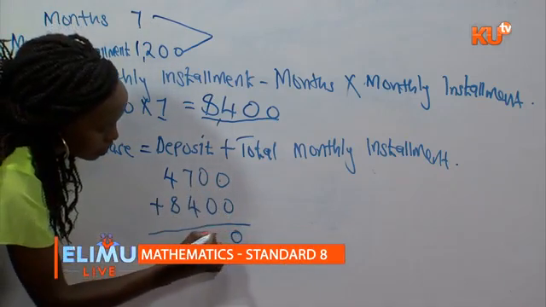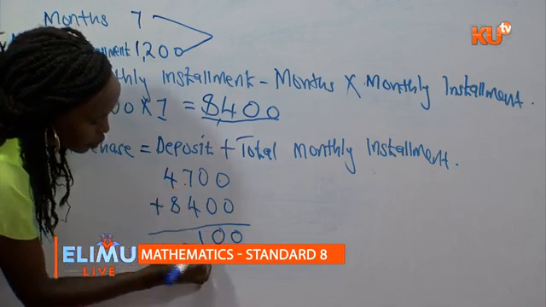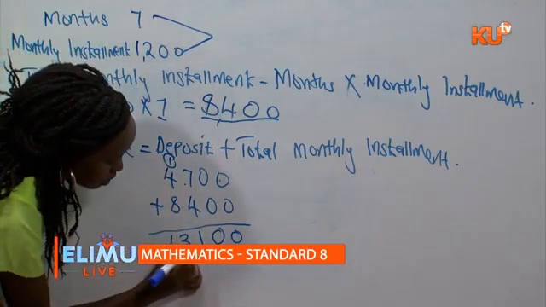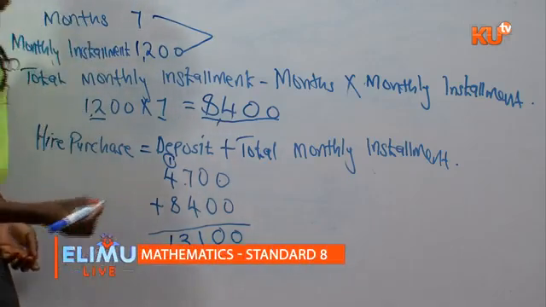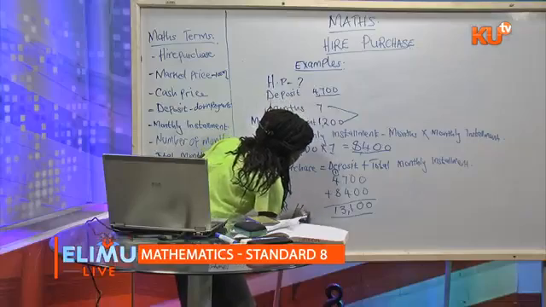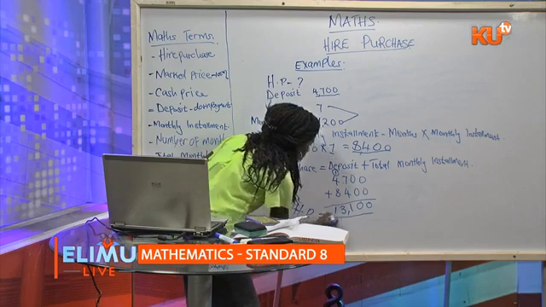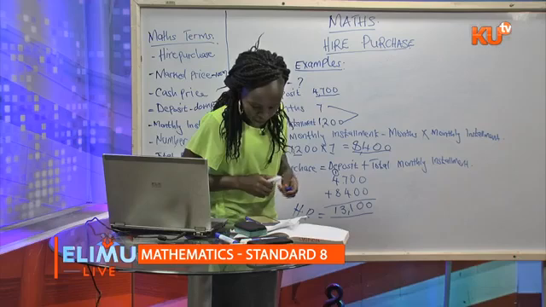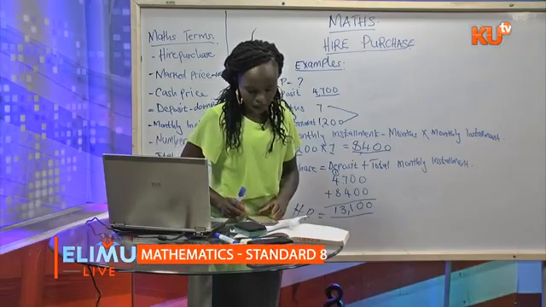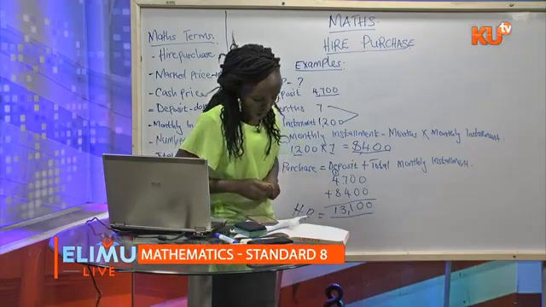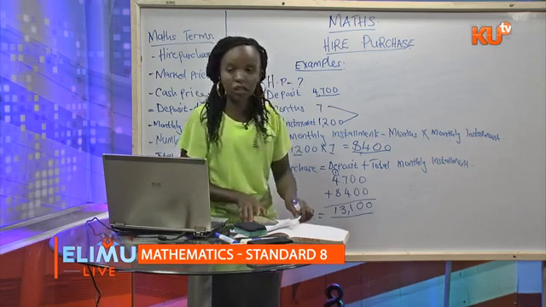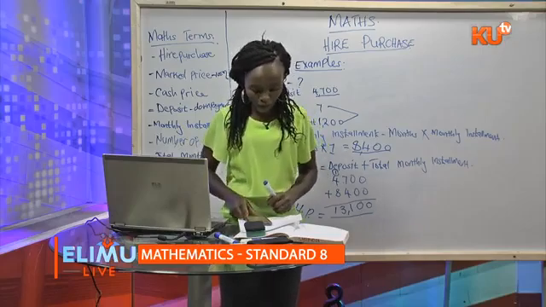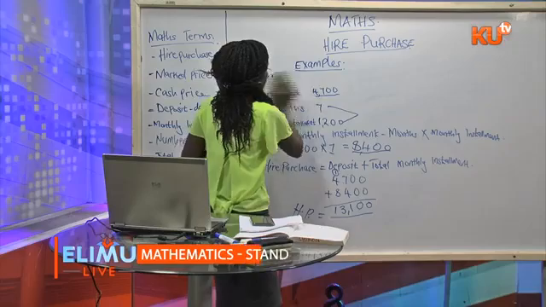I add here, I get 0. 7 plus 4 is 11, I write 1, I carry 1. 9, 13. So our hire purchase price is going to be 13,100. Meaning that Anne bought that microwave at 13,100. So that is example 1. We look at example 2, another example.